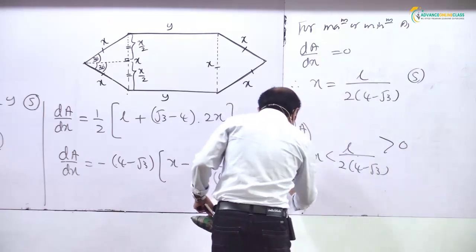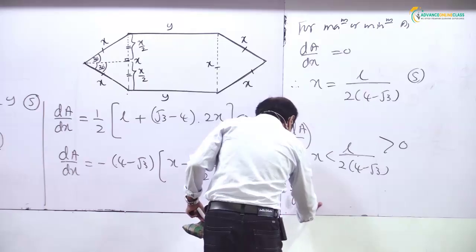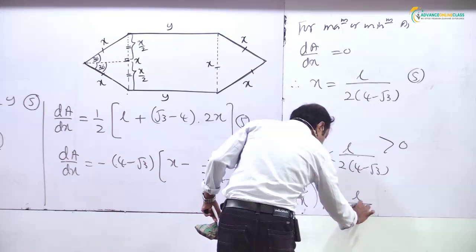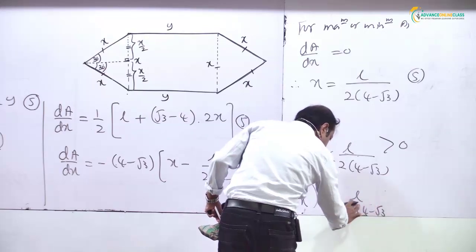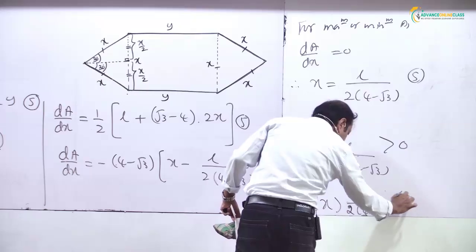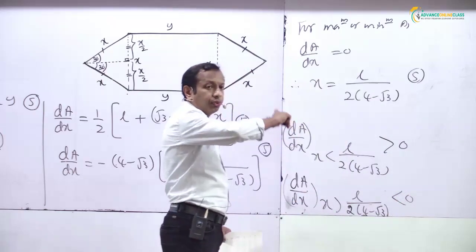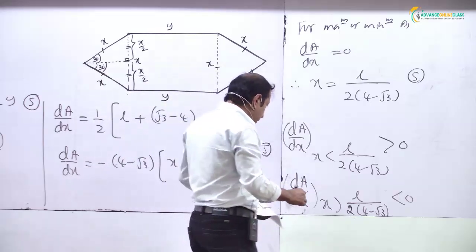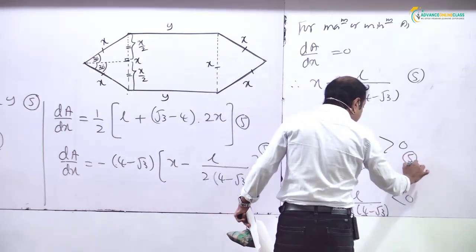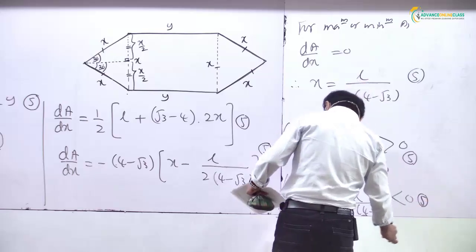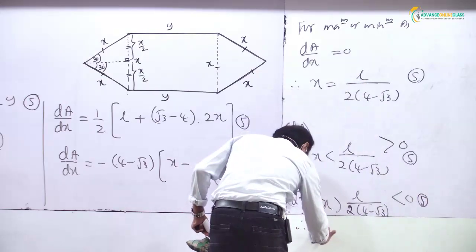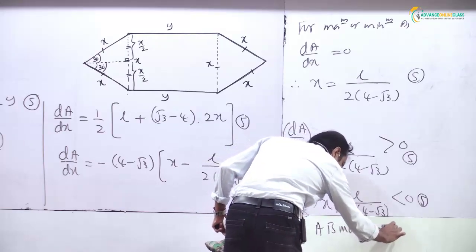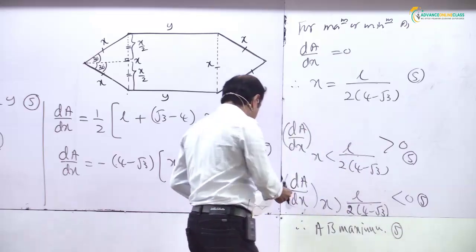Positive, and dA over dx after this x value is negative. Positive, 0, negative means maximum. Therefore, A is maximum. 5 marks here. Then you can write, therefore, A is maximum. Other 5 marks.